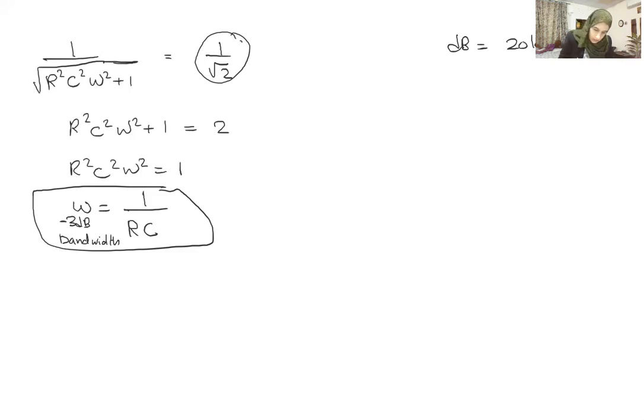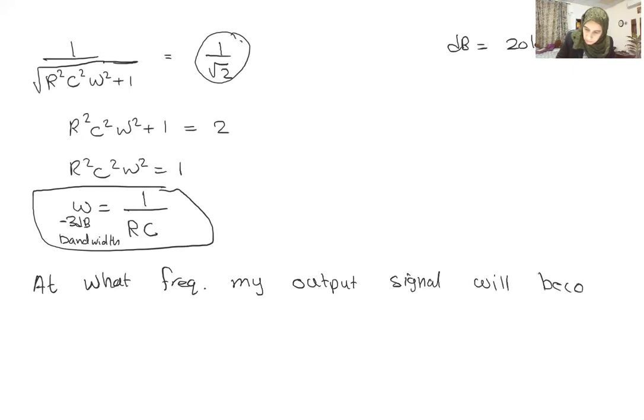So again, at what frequency will my output signal become 1 over square root of 2 of the maximum value?